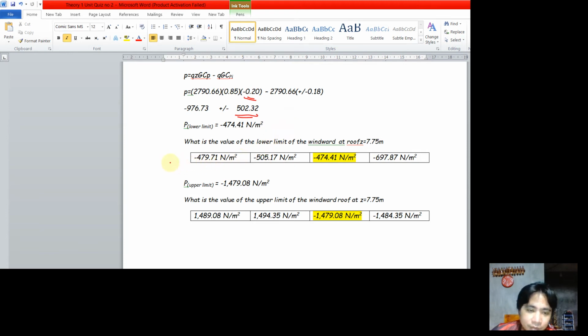And then the upper limit at the roof is negative 1,479.08 Newton per square meter. So these are the solutions for your previous quiz for your reference. Thank you.